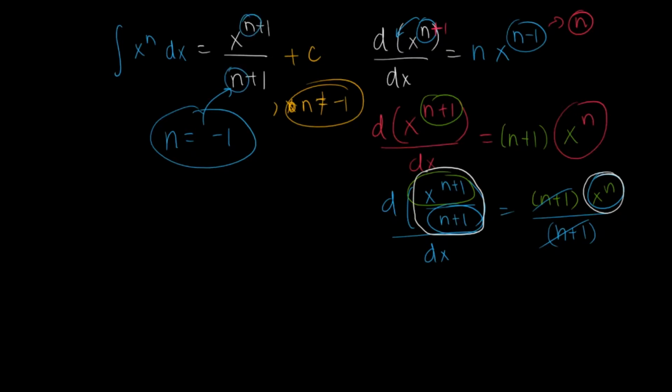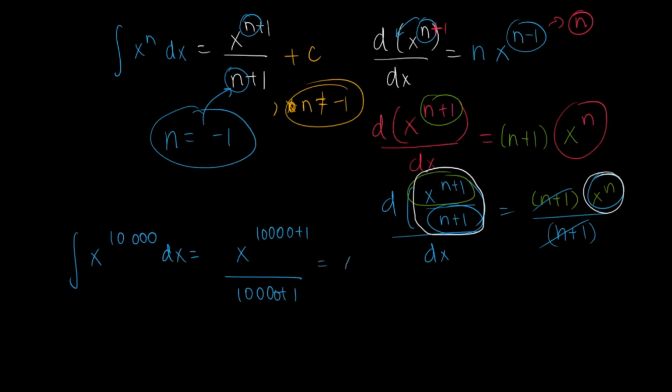So if you wanted to do, let's say, the integral of x to the power 10,000, let me just remove the comma, it doesn't make any sense. So x to the power 10000 with respect to x is equal to x to the power of 10,000 plus 1 divided by 10,000 plus 1.